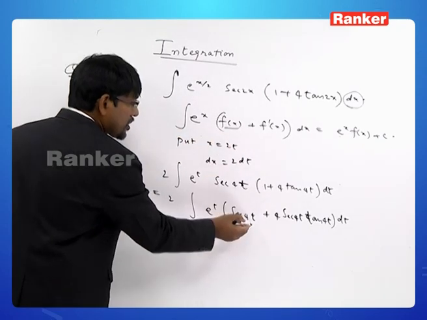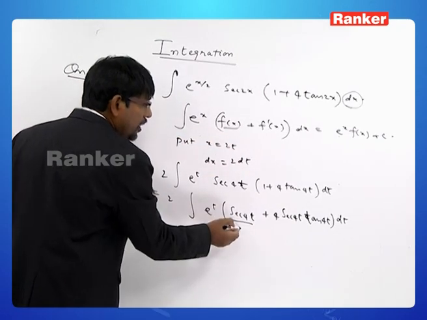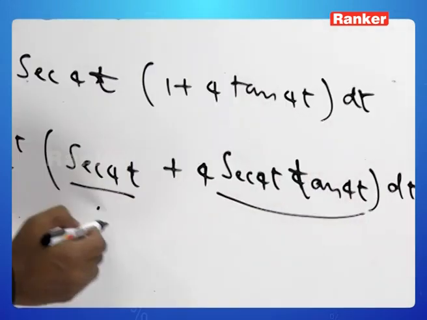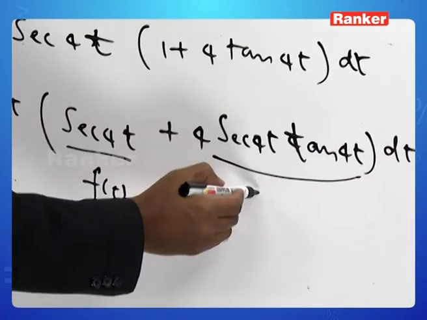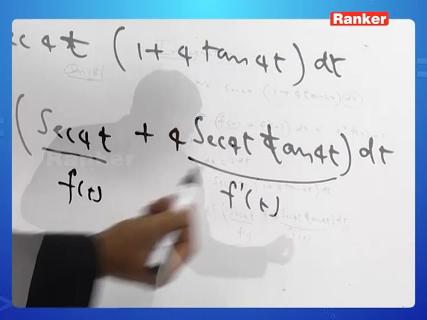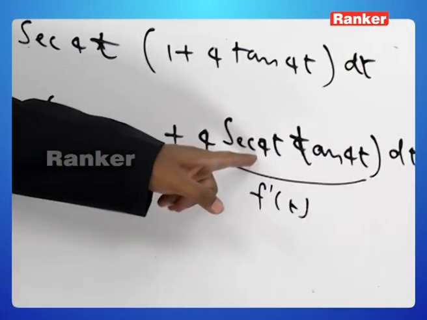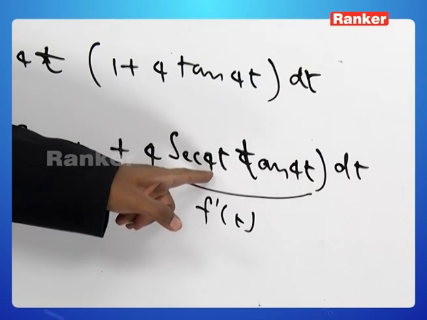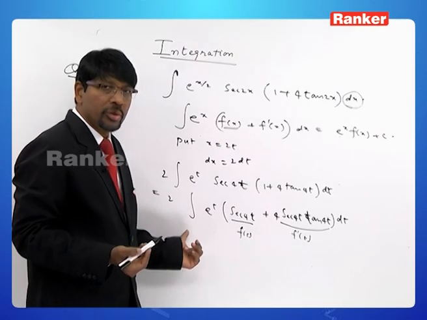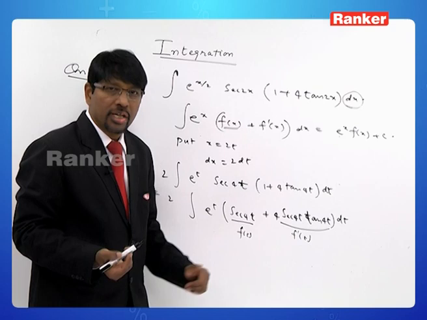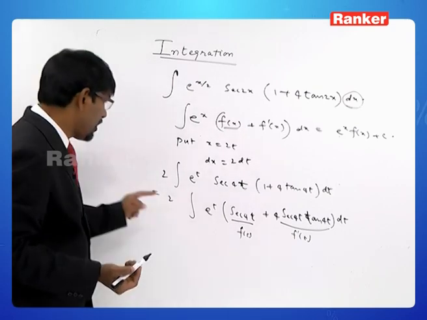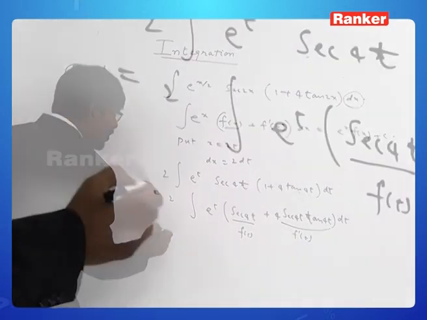We have this function of t, and is this f dash of t? If this is f of t, this is f dash of t. Clearly, what's the derivative of secant 4t? It is 4 into secant 4t into tan 4t. So now it is in the form of e power t into f of t plus f dash of t. Hence, I can write it as simply e power t into f of t.